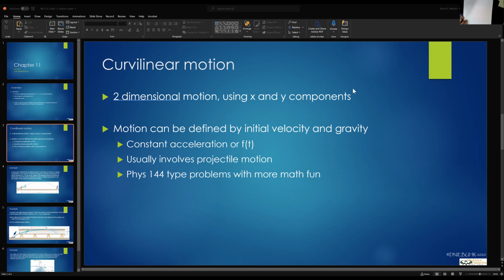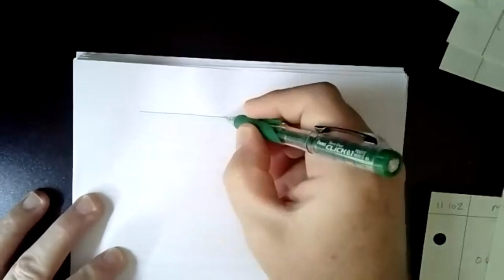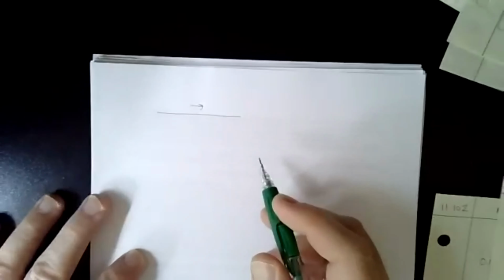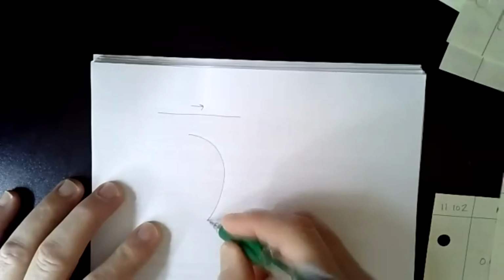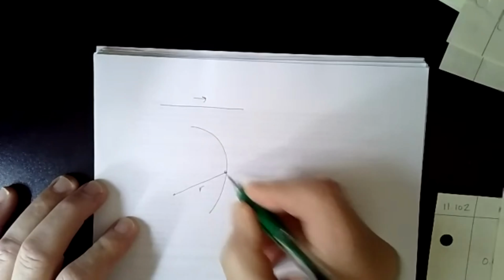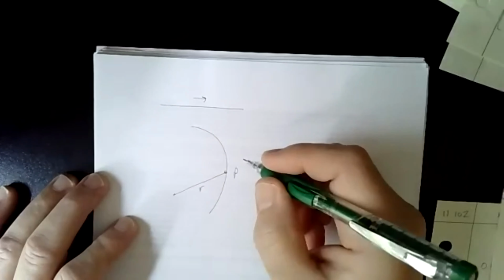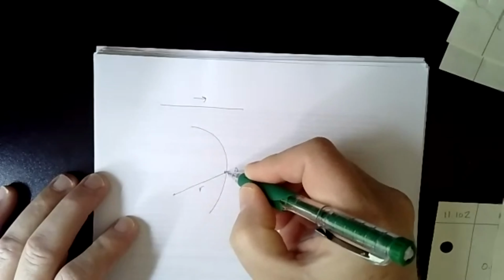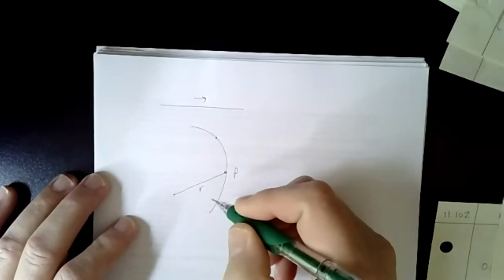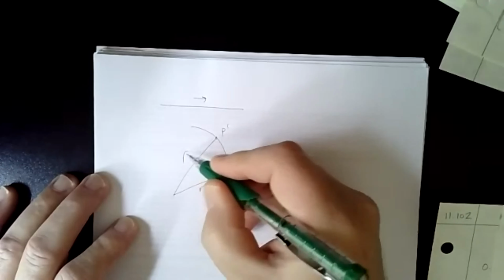If we write it out, before we started off with a line and we just talked about motion down and up the line, but here we take a curve like this, and let's say we have a distance r to this point P. Then this point P moves to this point up here, which we'll call P prime, and then we have r prime.